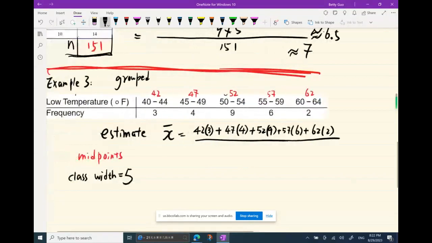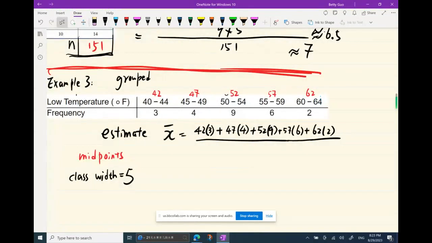Very similar to earlier, but different because we are only approximating. We don't really have the values to find the actual value. And the denominator is always the sample size.